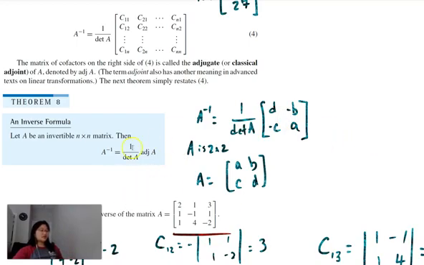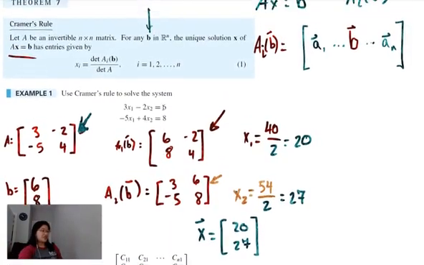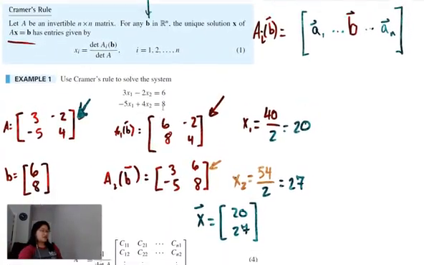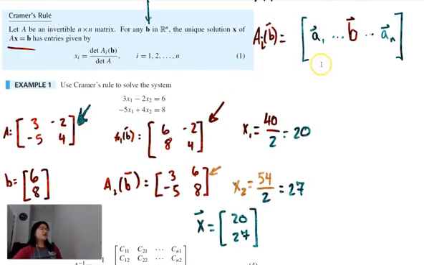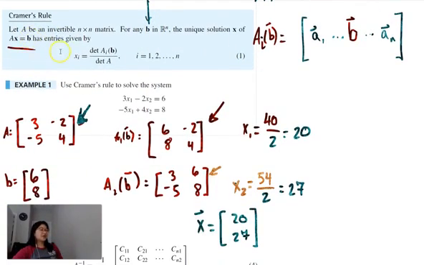We can also take 1 over the determinant and then multiply the adjugate, which is the matrix of cofactors that gets transposed. We can use Cramer's rule to solve stuff, which is nice, and when we are using Cramer's rule to solve things, we need to figure out the determinant of our matrices that have particular column vectors replaced by our result b, to give us our solution x's.